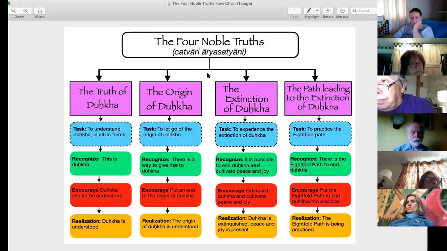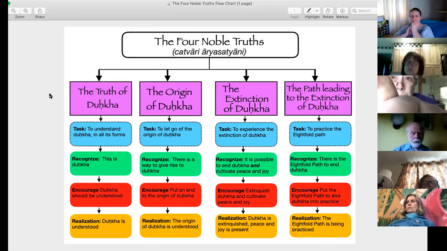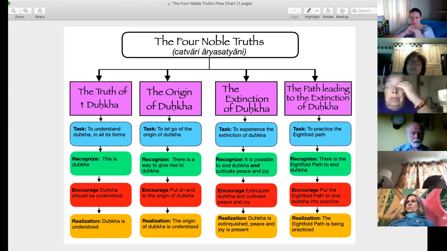It was primarily the fourth truth that became his own addition to this group of teachings.